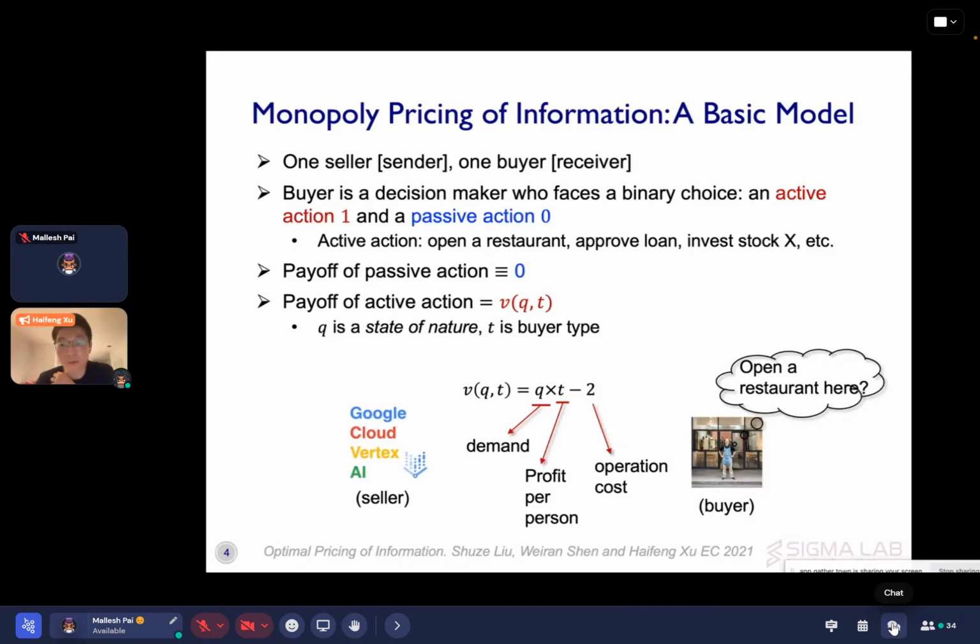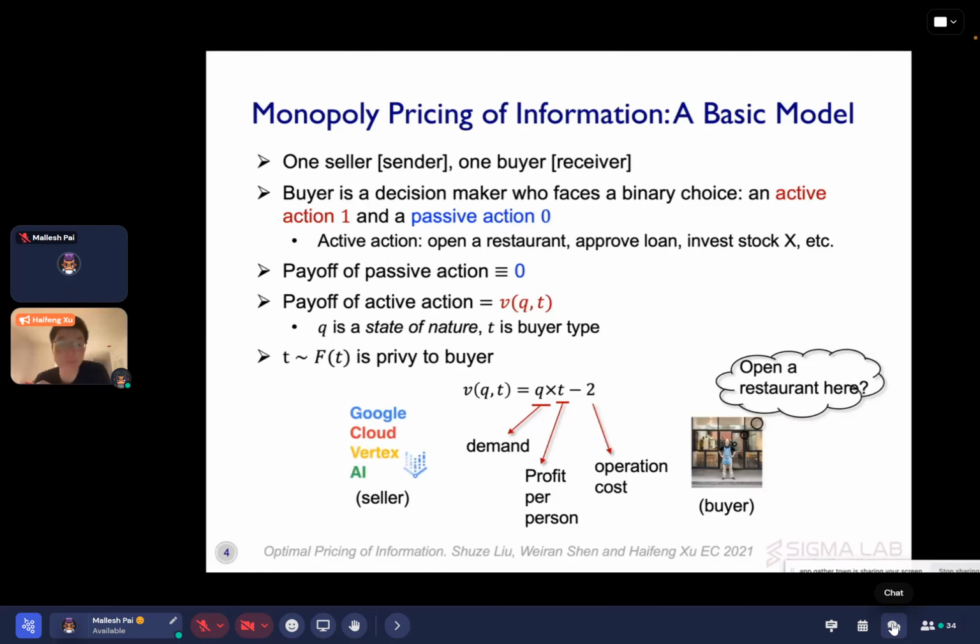And T may be the profit per consumer, which is private information to the owner, not known to the seller. And there may be some operation cost, so that leads to this linear utility function. But this is just one way to think about it. In general, we should be able to handle convex value functions. So that's the payoff for the active action.